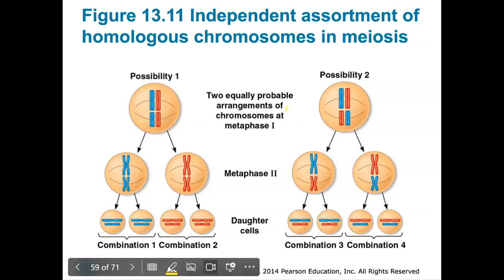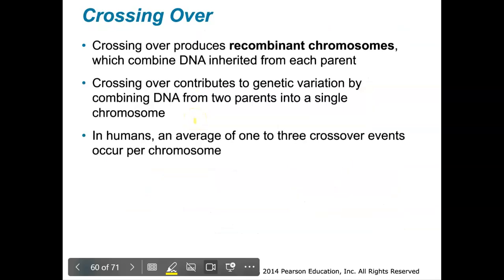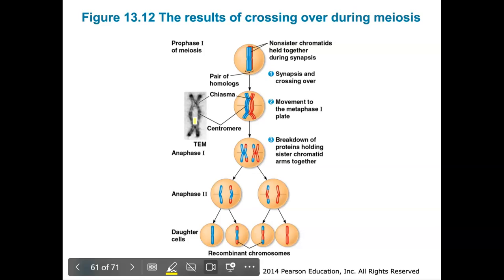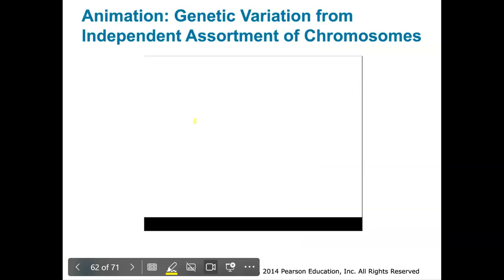So independent assortment is just the lining up of homologous pairs during metaphase, and how they line up. And then of course, the other source of genetic diversity is crossing over.